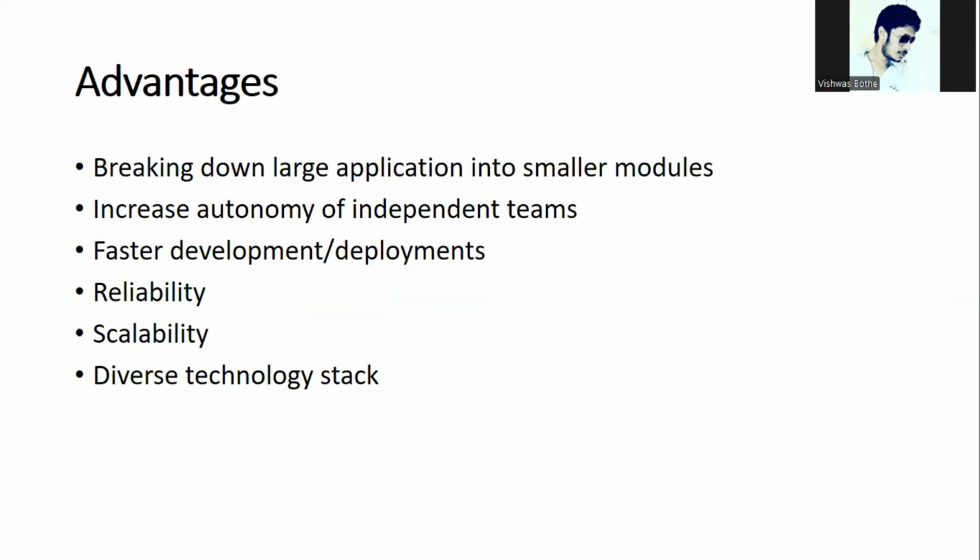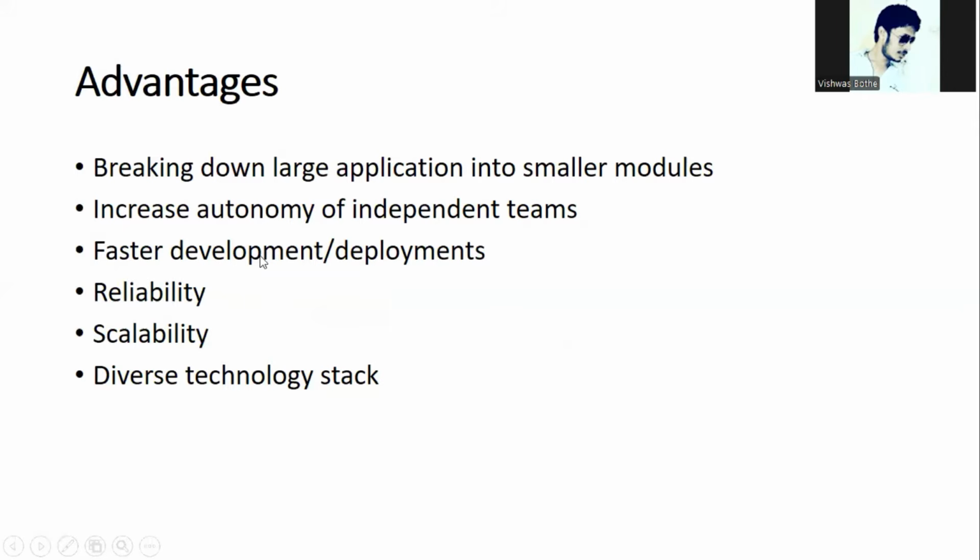So this is the first point. Then the second point is increased autonomy of independent teams. As a separate team is working on each module, they have their expertise in that module, and the module can be independently managed by that particular team.